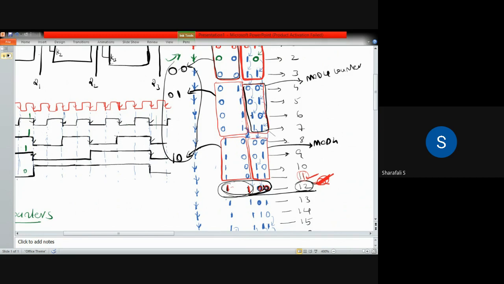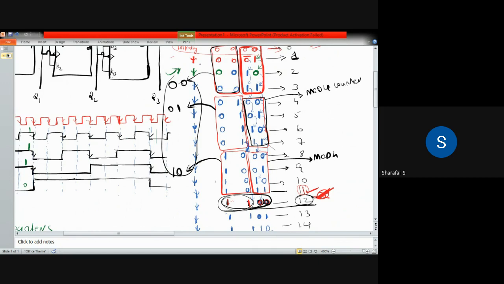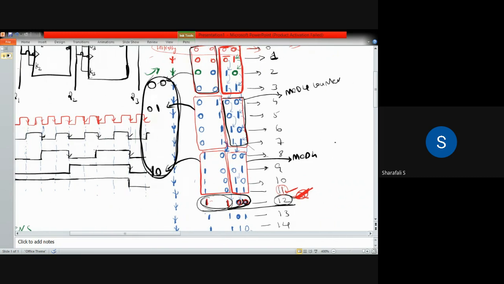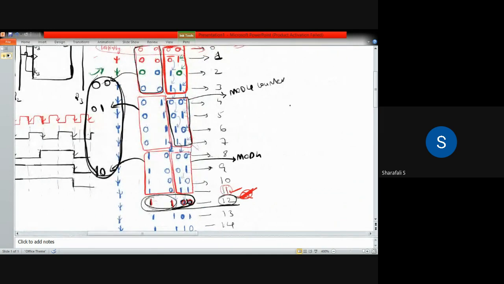So we have to arrange this, and we know that these states correspond to a mode 3 counter. We already discussed this. For mode 3, we connected one NAND gate to the mode 4 counter and reduced it into a mode 3 counter in the last class. You can check that.